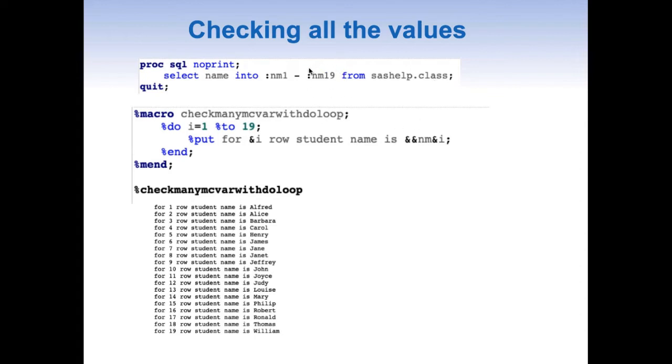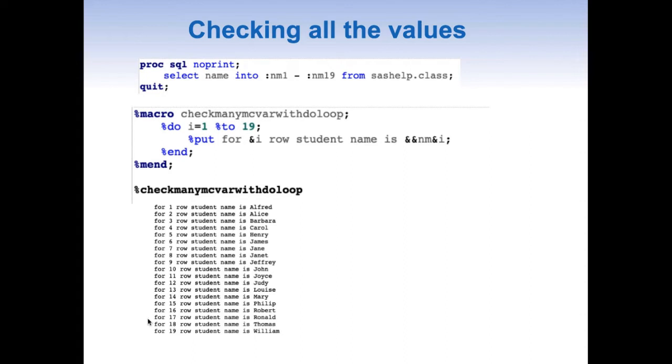Now this whole code becomes void, and this 1 to 19 also becomes pretty much useless, because we are not able to take all the values and create macro variables out of it as per our requirement.